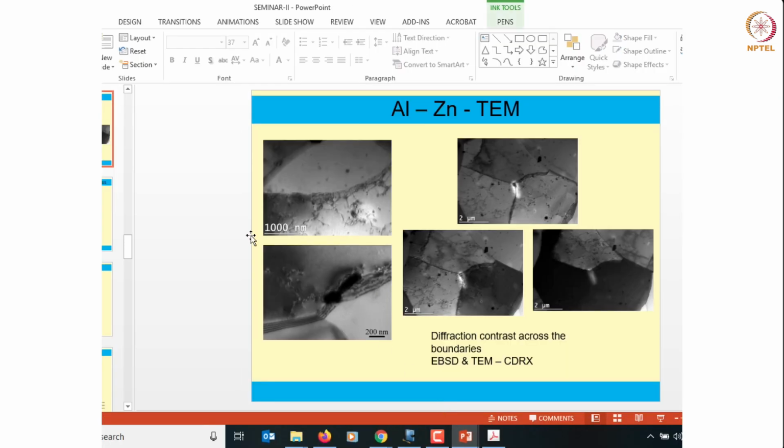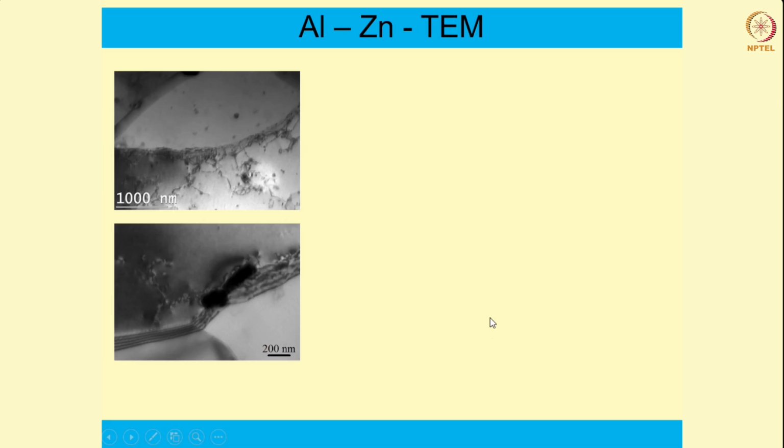So let me take you through some EBSD analysis, as we call it, electron backscatter diffraction, which can be done inside a scanning electron microscope if you have those EBSD detectors. So it can actually analyze the character of the grains and the grain boundaries, and will tell you what is the nature of a particular boundary.